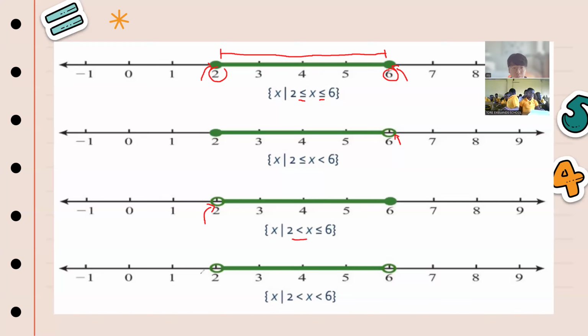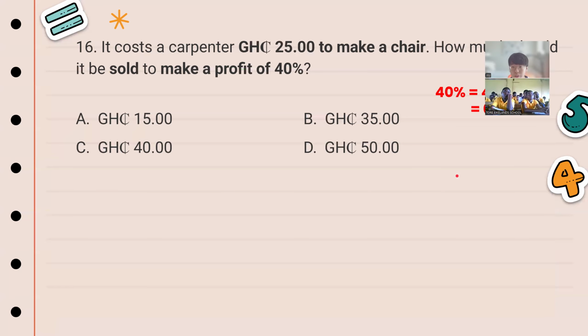And then we can have both blank circles, and then the equal to just disappears. It's just that x is greater than 2, less than 6. I hope this makes sense for everyone. Okay, then let's move on to the next question.